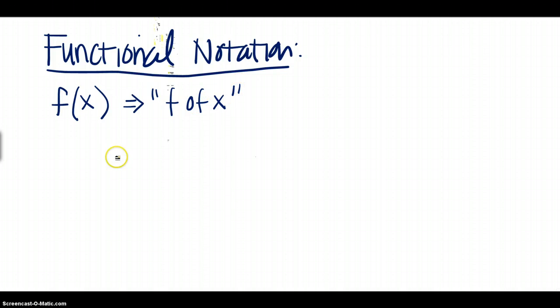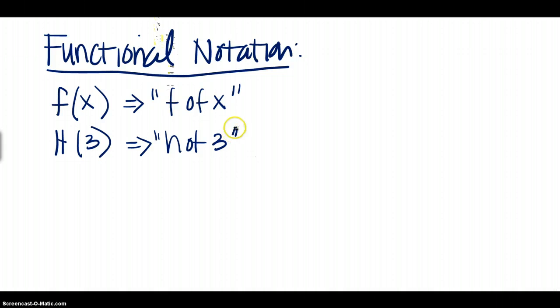Now that's the normal one. We can also have a different letter, for example, a capital H of 3, and you say h of 3, and we would plug in 3, but we'll get to that in a second. There's another way to write this, f and then colon x and then an arrow, so this is called arrow notation, and then x squared, that would be the function.